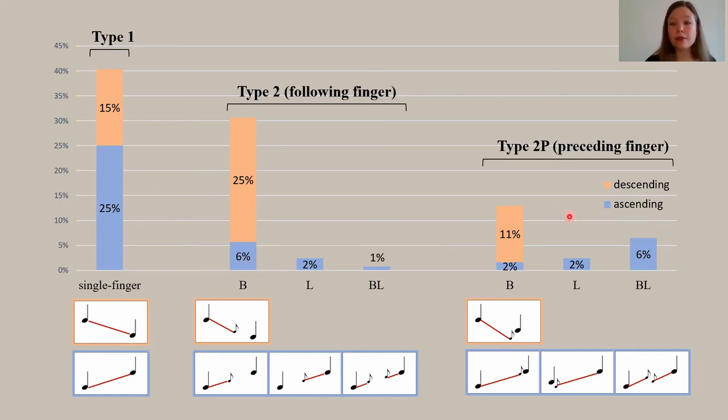But the presence of 13% of the B portamento with a preceding finger is quite surprising, given the fact that this type is not studied a lot in the literature. In addition, Ysaÿe often plays the intermediate note quite audibly. Today, we would rather try to play this kind of slide as discreetly as possible.